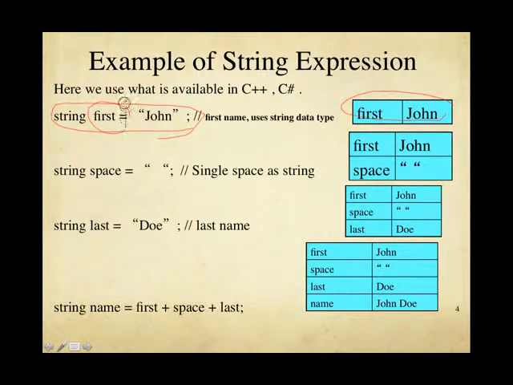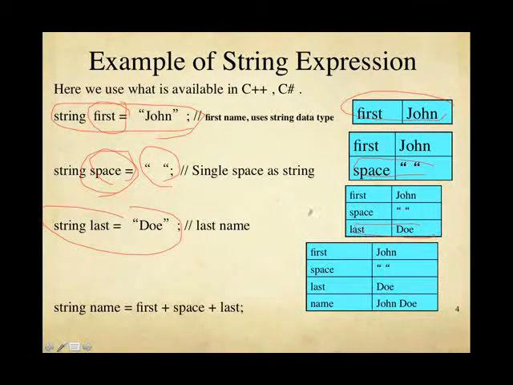So first is a string type expression. If I say string space equal to " ", stored in RAM like this, then space is also a string expression. If I say string last equal to "Doe", stored in the RAM like this one, well, last is also an expression.